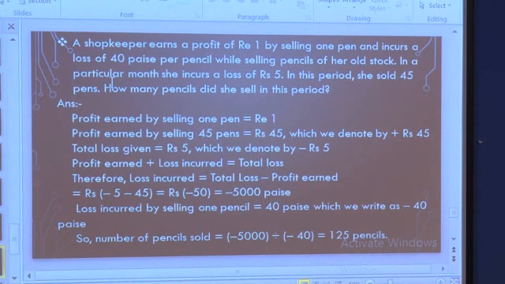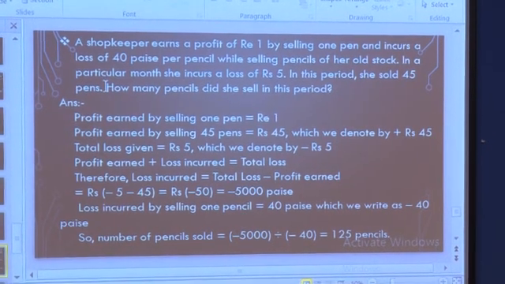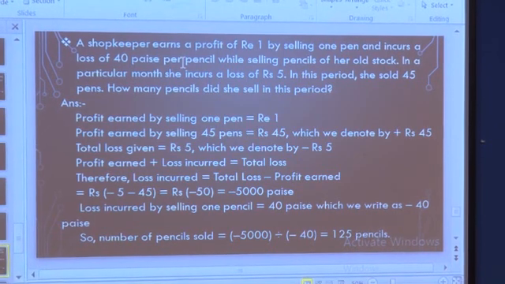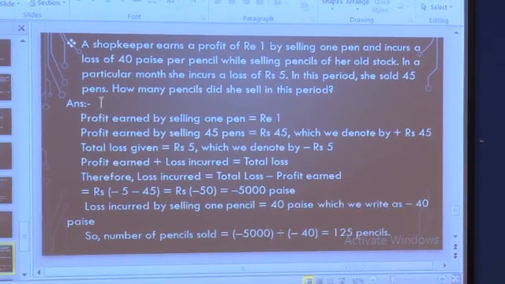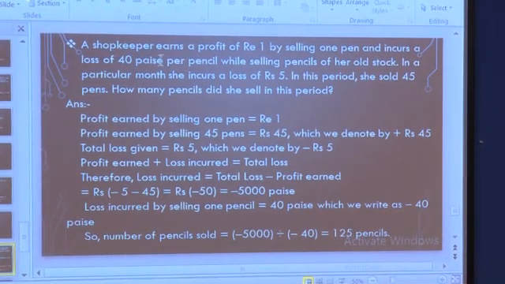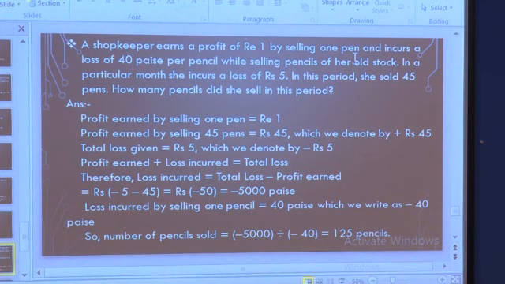Now we will see one more example with a problem, about the profit and selling price of a shopkeeper who earns a profit of rupees 1 by selling one pen. Means what? If the shopkeeper sells one pen, he will get 1 rupee as a profit, and incurs a loss of 40 paise per pencil.